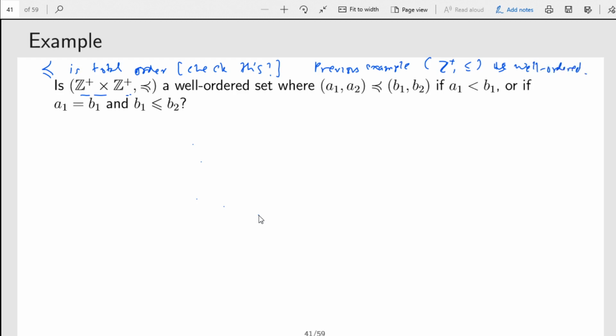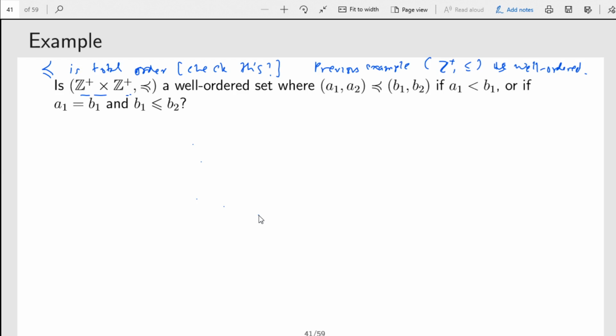So now in this question, we want to show whether the set of pairs of positive integers and the partial order, which is defined in terms of the less than or equal relation, is also well ordered. Well, we can make use of our result in the previous example.